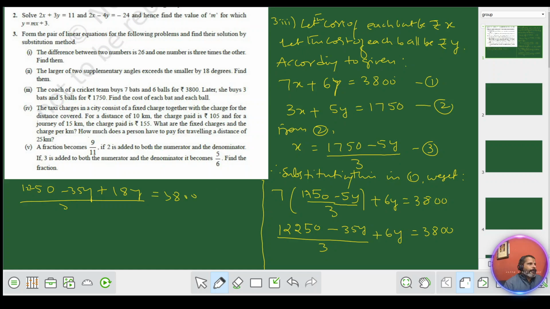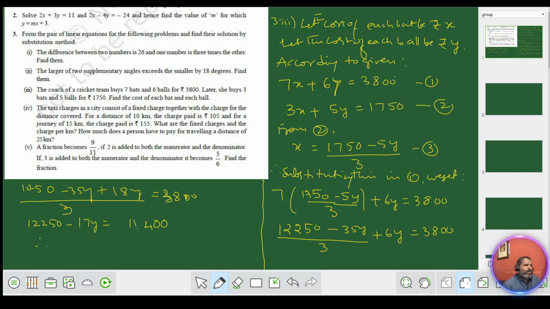Okay, I'll write properly. Now cross multiply and simplify at the same time. 12,250 minus 35y plus 18y is minus 17y equal to 3,800 into 3. So 3 zeros are 0, 3 zeros are 0, 3 8s are 24, 4 and 2 carry, 3 3s are 9 plus 2, 11,400.